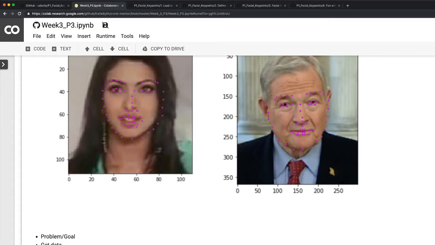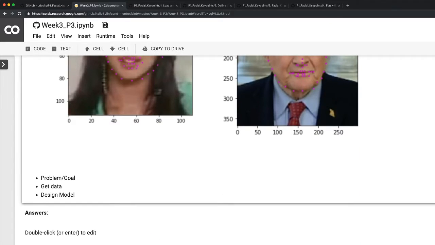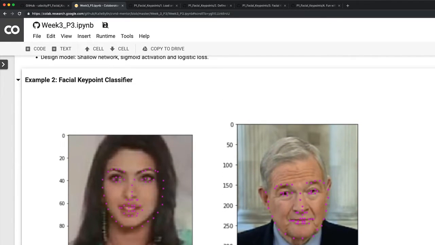And how we design the model also takes into account this problem definition. So if I tell you that we have to find the XY coordinates, how do you think you build your loss function? How do you build the output of your neural network? I'm not going to answer these right away.